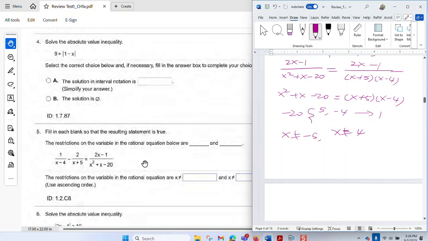The restriction in this one is considered a domain. What is a domain? Domain is the x values that a function can have. This function cannot have x equal to negative 5 or positive 4. So you have to get rid of those.